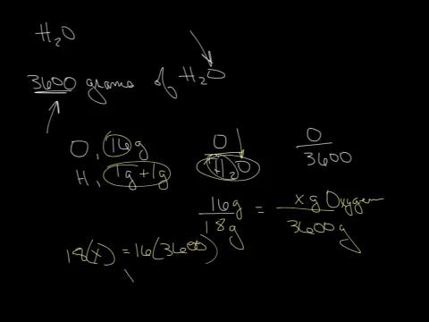And when we do the math, we find out that X equals, or the number of grams, is 3200 grams. So there are 3200 grams of oxygen in that 3600 grams of water, which means there are 400 grams of hydrogen. But that's not what they're asking, so we just found the oxygen, and that's good. All right, let's look at example 37.2 in our next video.